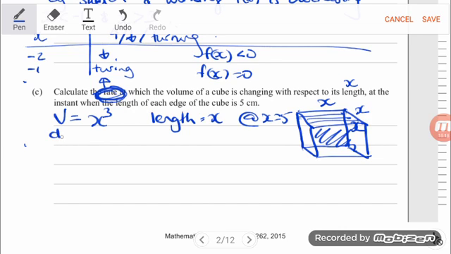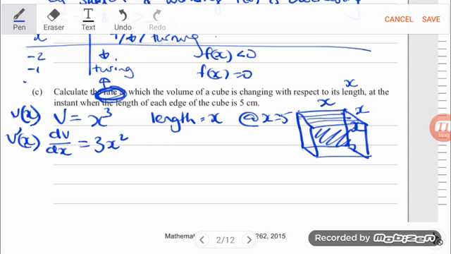So dV/dx, or if you went V of x, then you're using your symbols of V dashed of x, but I've used V, so I'm going with dV/dx, is equal to, just differentiate that, 3x squared.